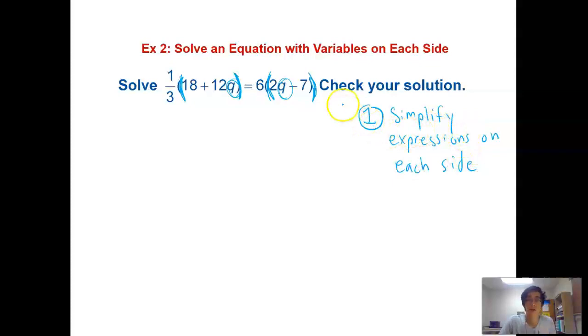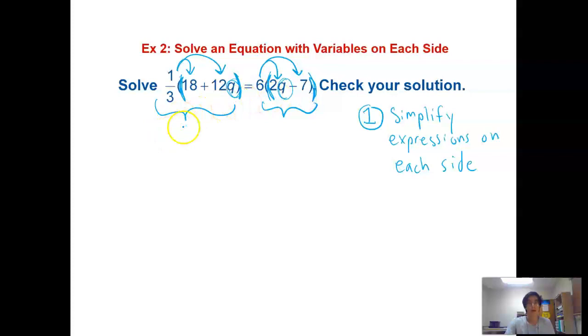So I'm going to simplify on this side using the distributive property because this value is multiplied by all these quantities in the parentheses. So this is going to distribute here, and this is going to distribute here. Same thing for this right here. So the 6 is going to distribute to 2q, and also 6 times negative 7.